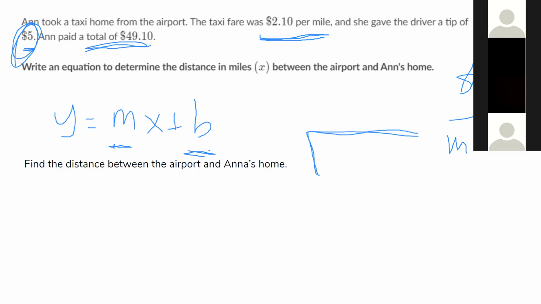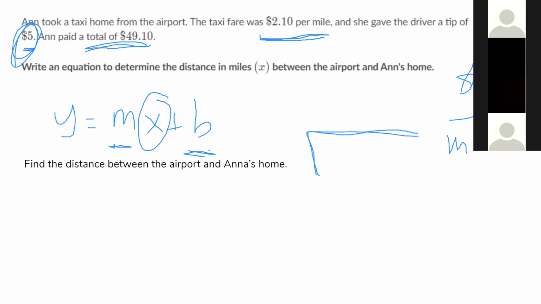And if x is one of your variables, then $2.10 should be your slope. x in this equation represents your miles, right? So every time you drive another mile, you have to pay $2.10. So it's pretty obvious that you're going to have to multiply $2.10 by the number of miles that you're going. It just makes sense if that's how much it charges per mile.